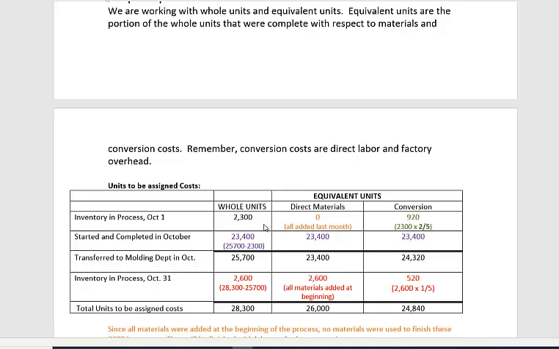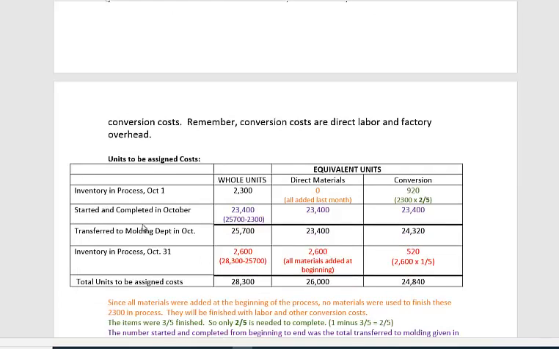So if we take 2,300 and multiply times 2/5, and to put that in your calculator, you'd put in 2,300 times 2 divided by 5, and you'll get 920 units. Now let's move to the units started and completed in October.